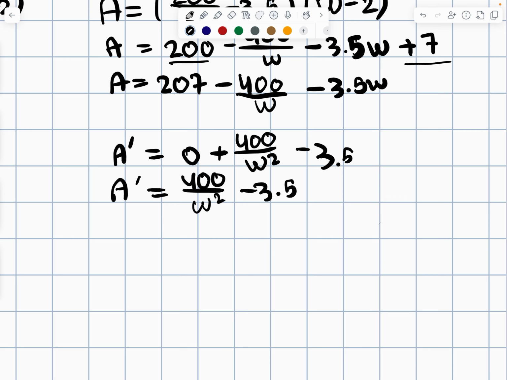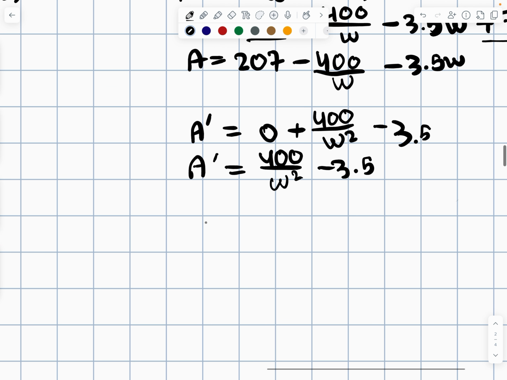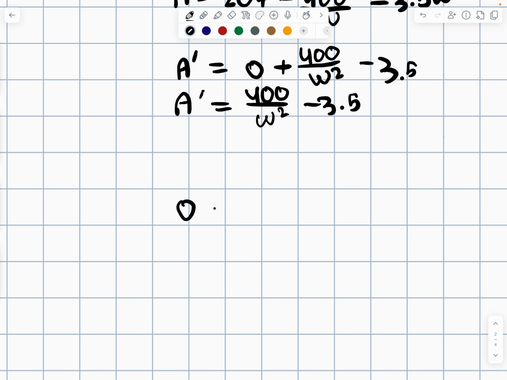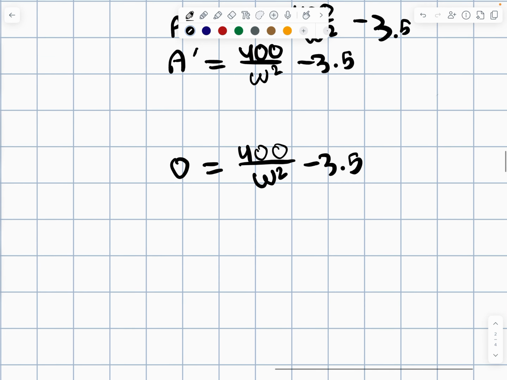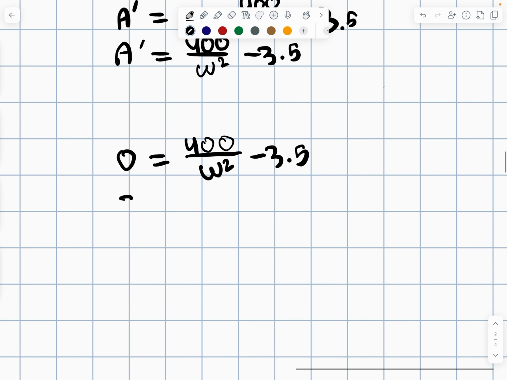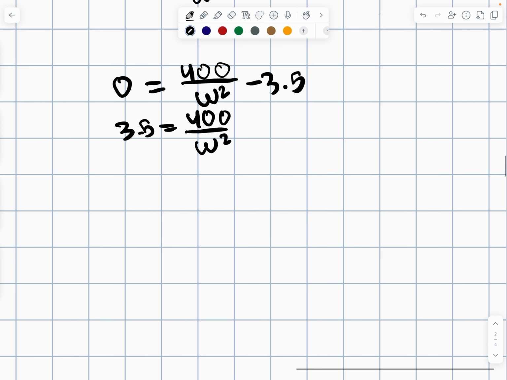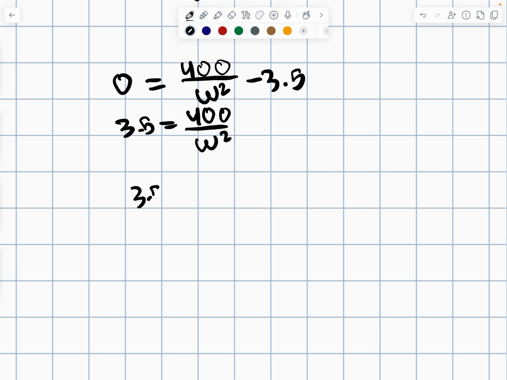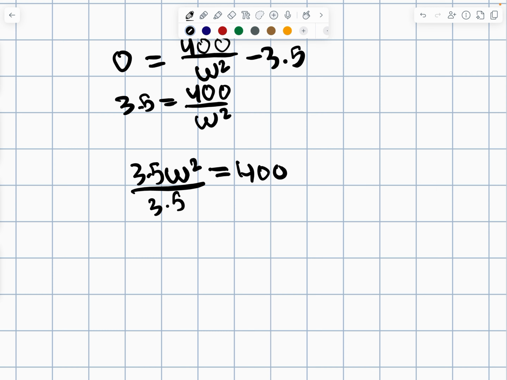And then now we can just equate this to 0. So 0 equals 400 divided by w squared minus 3.5. We'll move 3.5 to the other side. So we'll have 3.5 equals 400 divided by w squared. We'll multiply w squared on both sides. So 3.5 times w squared equals 400. And then we divide 3.5 on both sides to cancel out 3.5 and isolate for w.